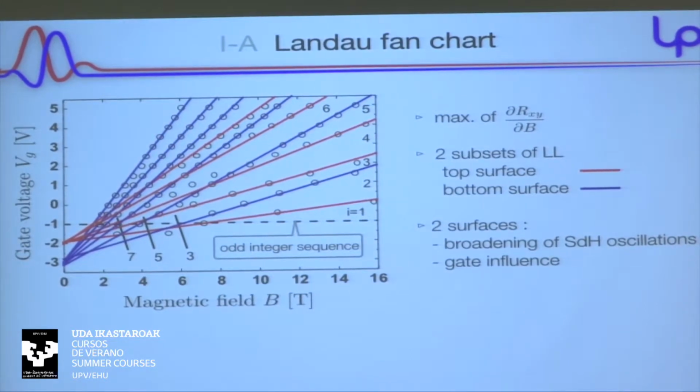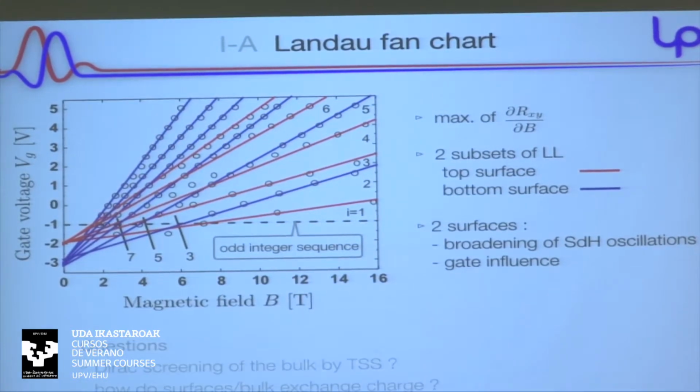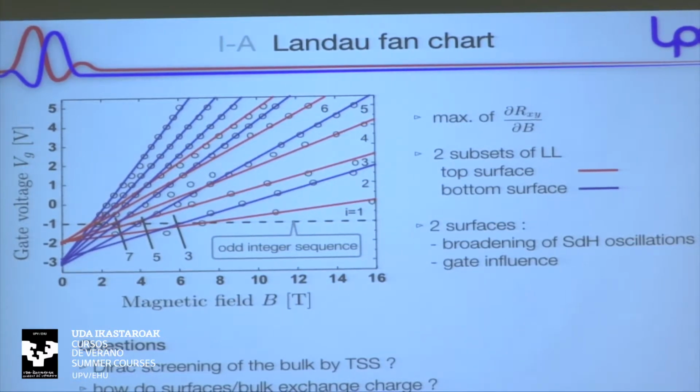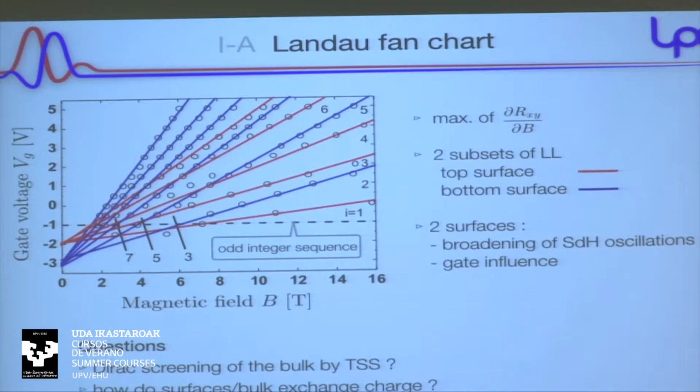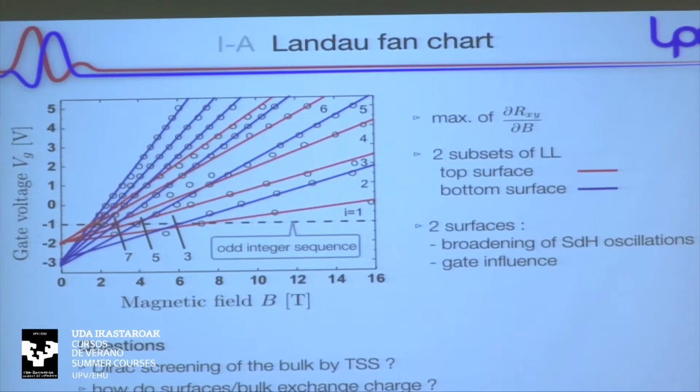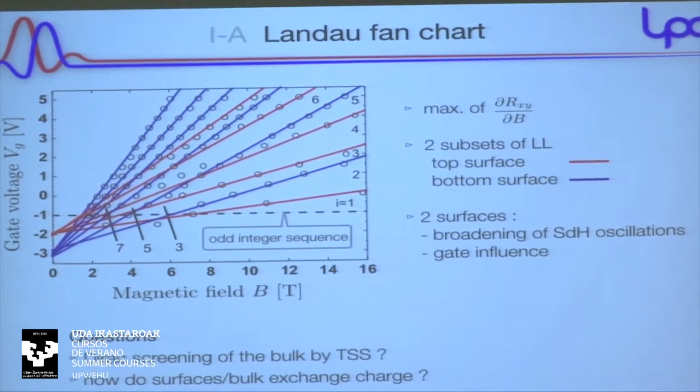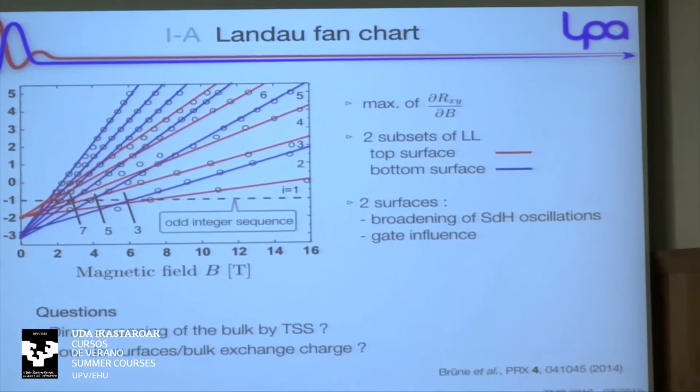And this is interesting in itself because it may show some intrinsic response of the surface states, which is peculiar to the topological states. But this is also important to understand when you try to manipulate, for example, heavily doped material that you try to gate to something like a Dirac point.